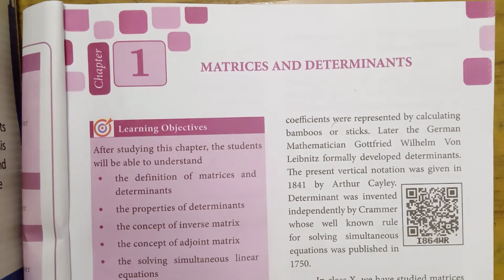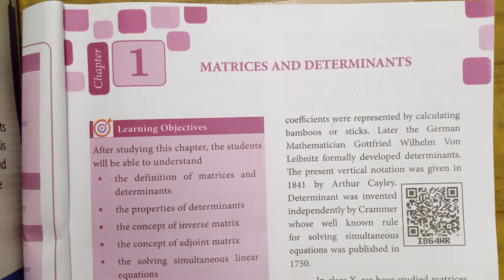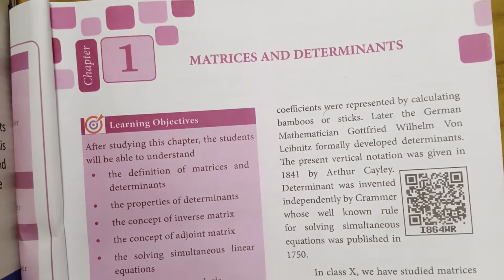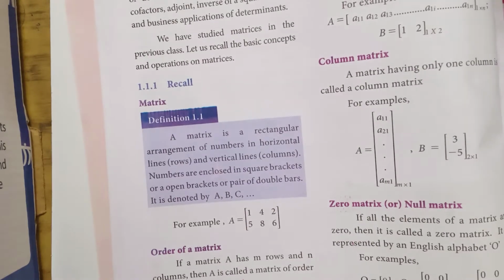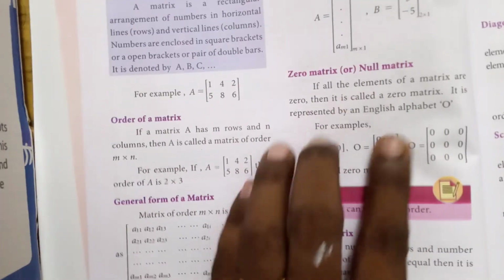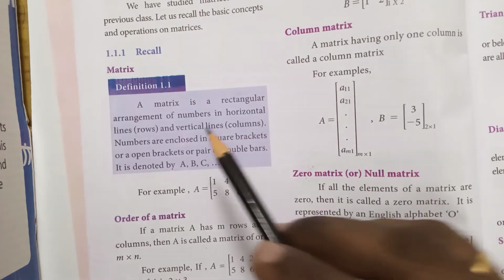So you already studied the basic matrices in 10th standard. Okay, so this one is slightly different from this type of matrices. So first we have to recall once again the definition of a matrix.